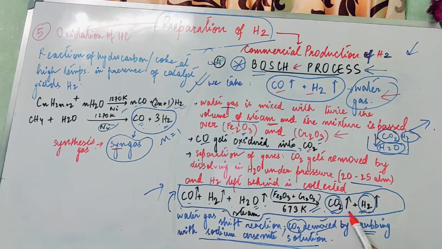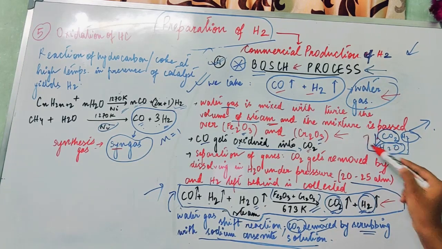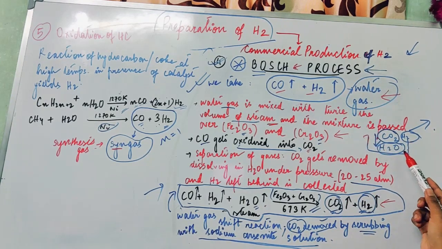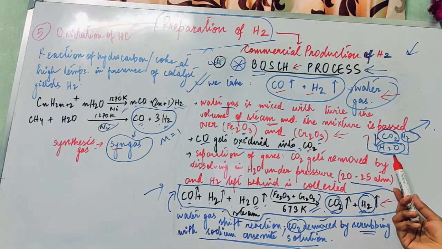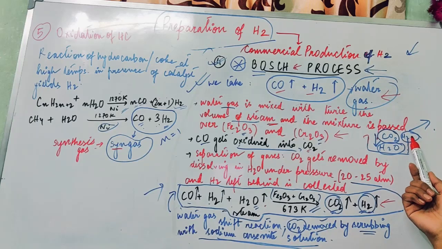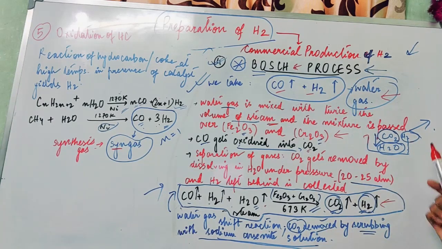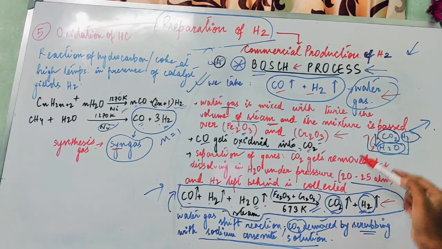How are CO2 and dihydrogen separated, because both are present in the final mixture? Look, in this vessel we have water in the form of liquid at the base, and we have CO2 and dihydrogen gases above this. Under pressure, carbon dioxide dissolves in water.